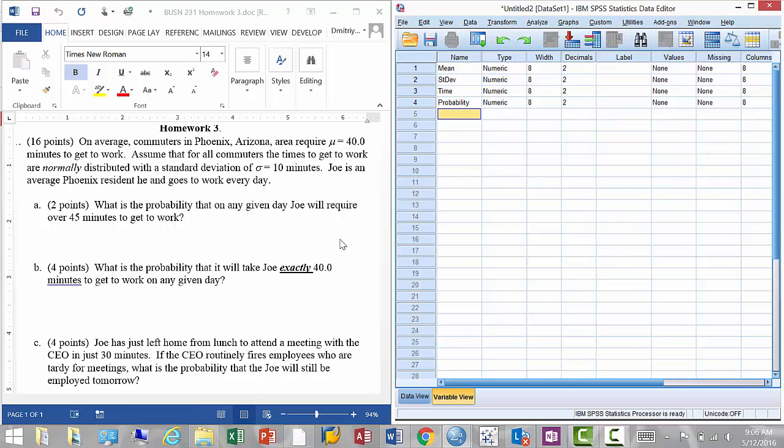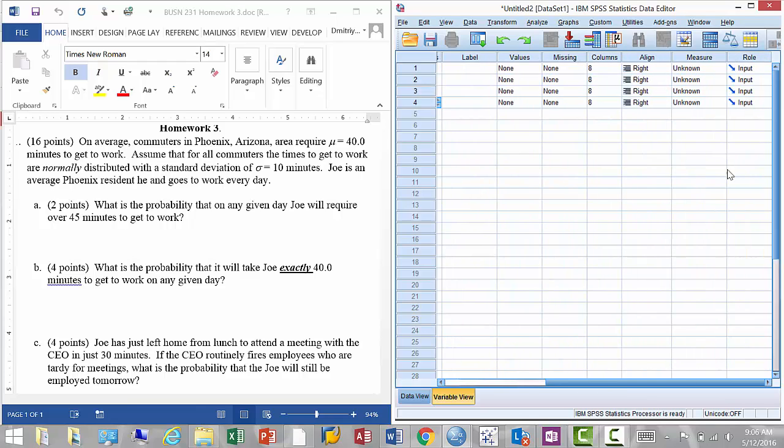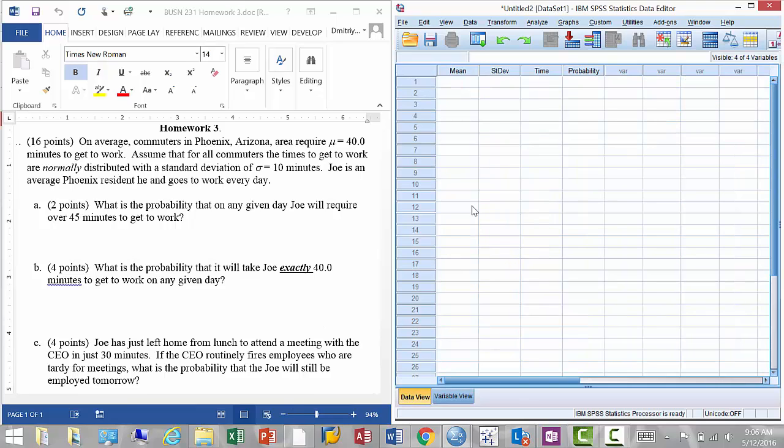All of them are numerical. For the probability, I'm going to increase the accuracy. By default, it's 2 decimals. I'm going to increase that to 5 so that it shows me more accuracy. And measure, I'm going to set scale for each one of them.